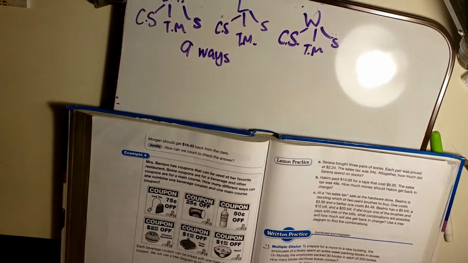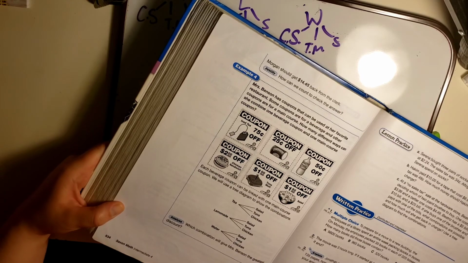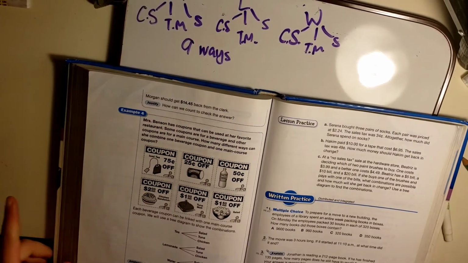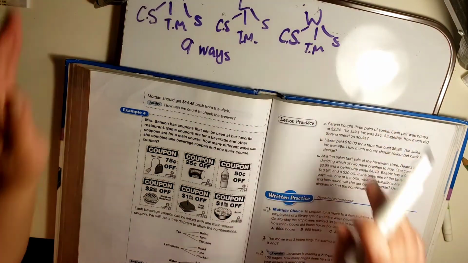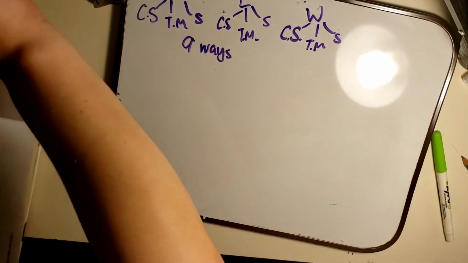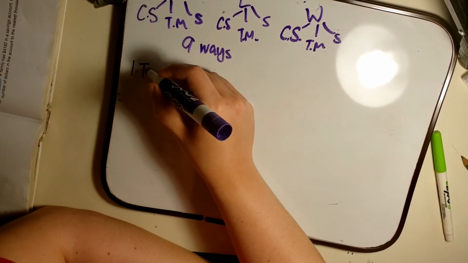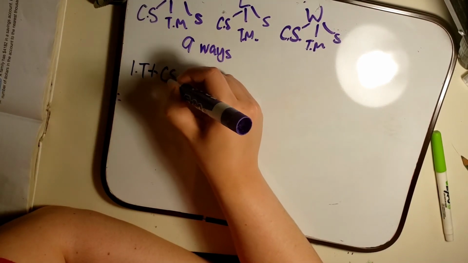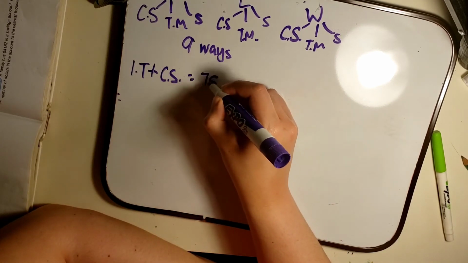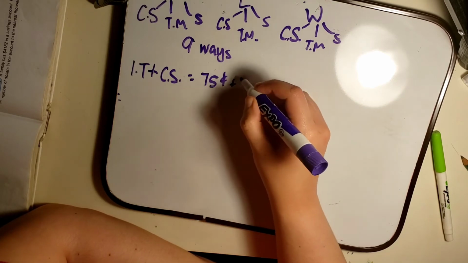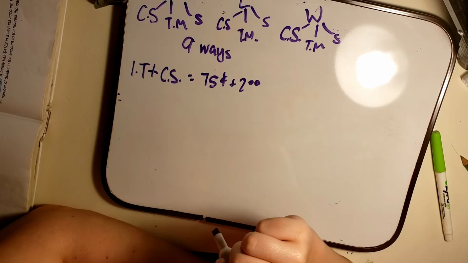And it also says, which combination will give Mrs. Benson the greatest discount? Which is good to know. Also, now I'm going to make it a little bit different. Let's say we have our iced tea and chicken sandwich. So iced tea, chicken sandwich, that's 75 cents plus $2 because everything is off.